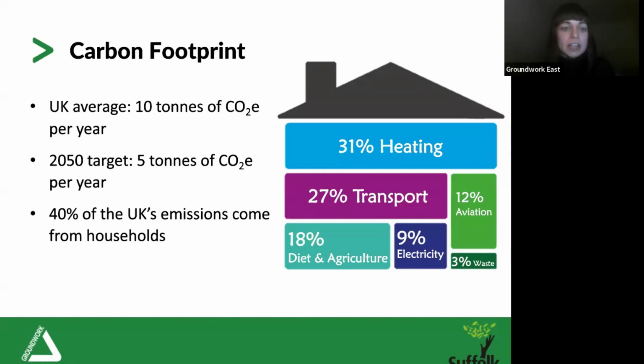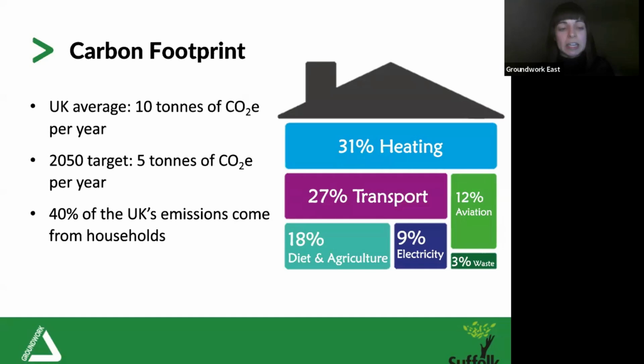And then when we think about where all those emissions come from, obviously we're looking at the household level that we've just spoken about in some of those figures. But actually, when we're looking at why we're looking at households in terms of the UK's emissions, it's 40% of the UK's emissions coming from households.